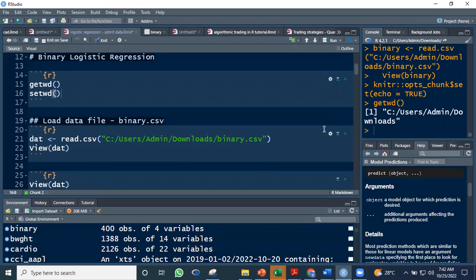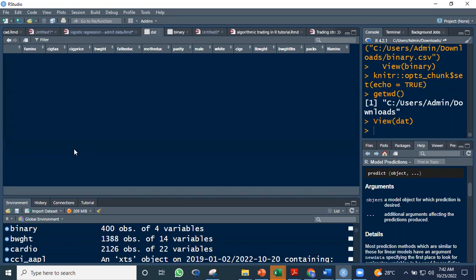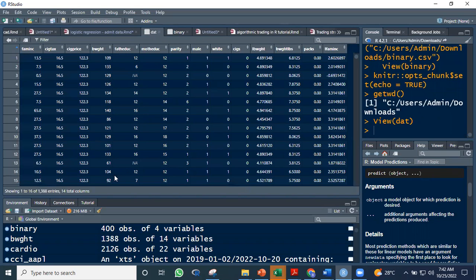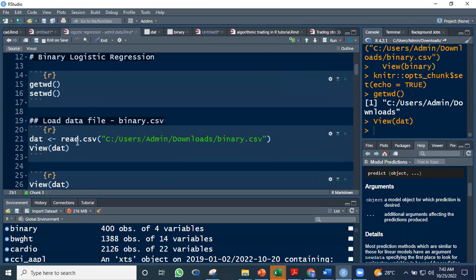So I asked you to download the data, and we name the data dot. Let's view this first. I have to run this, control enter.